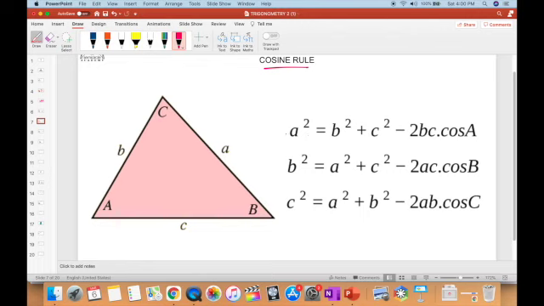So read this off. If you look at it, if B is the side that I want to find, then I will use the other two sides, add the squares, right? Then I will minus 2 multiplied by the other two sides, cos of whatever it is I want to find.